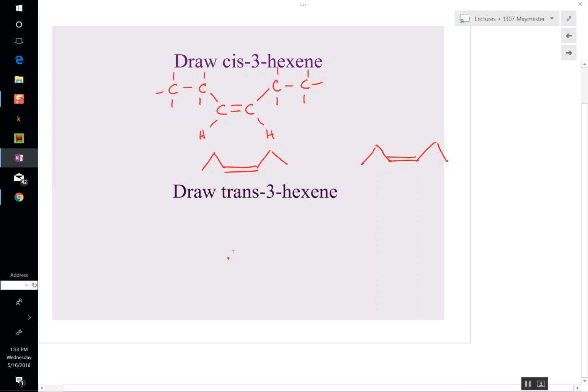Okay, trans. So I start with my double bond. I'm not doing a line. I want to start with my double bond. And since it's trans, I have to come out of the other side of that double bond.